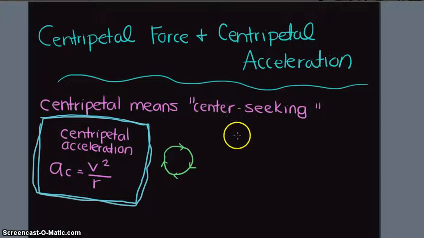Net force is equal to mass times acceleration. So if there's a centripetal acceleration, then there's some net force causing this object to accelerate. Whatever this net force is that's responsible for the centripetal acceleration, we call this centripetal force. You can imagine this is F with a little subscript C.